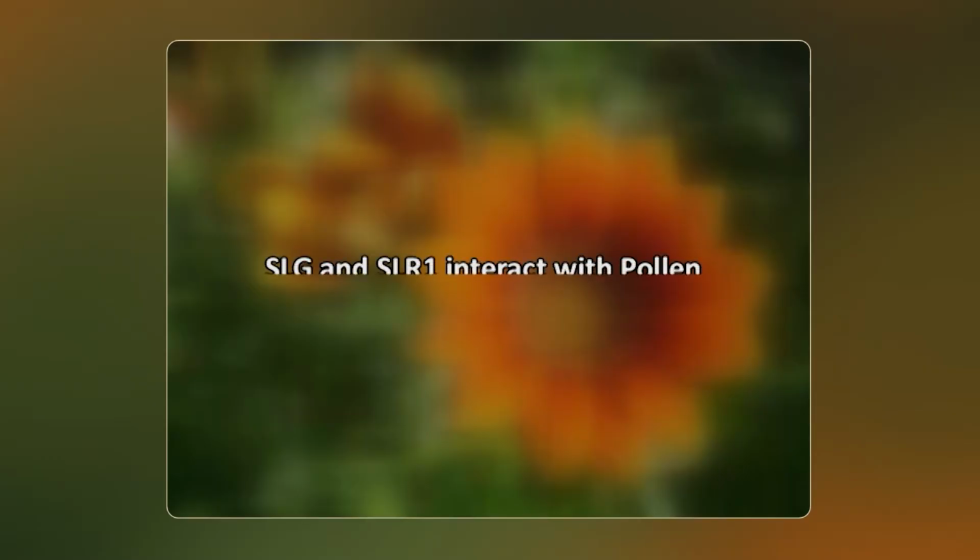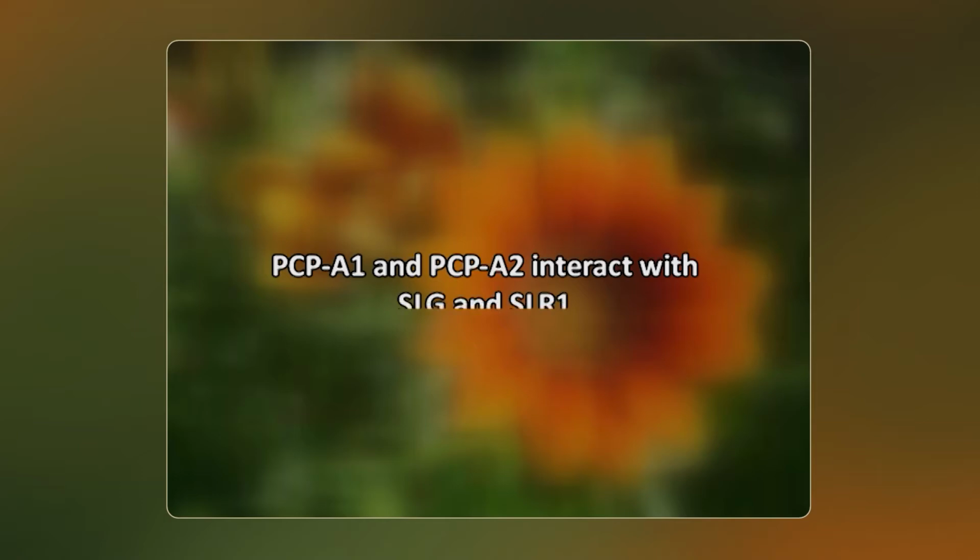Further, these two proteins, SLG and SLR1, are known to interact with pollen coat proteins in vitro. The pollen coat proteins are small cysteine-rich proteins. Two members, PCPA1 and PCPA2, are known to interact with SLG and SLR1 in vivo, thus confirming some role of these proteins in pollen adhesion.